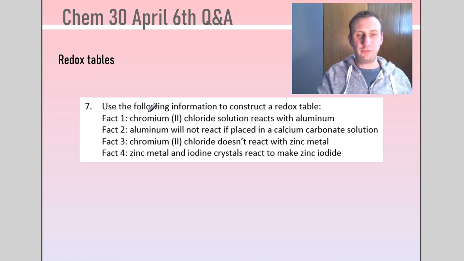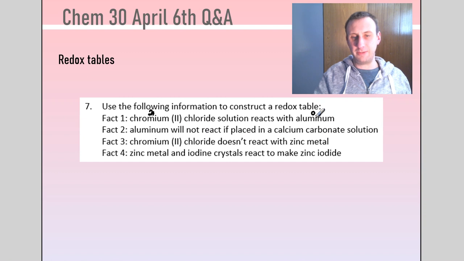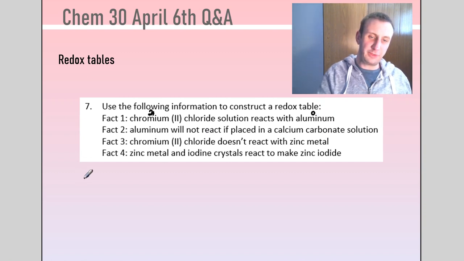So chromium 2 chloride solution reacts with aluminum. The only thing that can actually happen here, because it's chromium 2 chloride and aluminum, is that chromium is going to get reduced while aluminum is actually going to end up getting oxidized. So I have Cr2 positive aqueous.